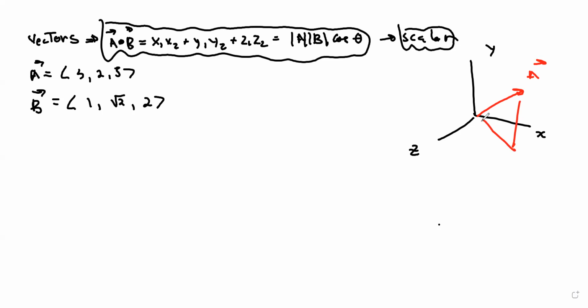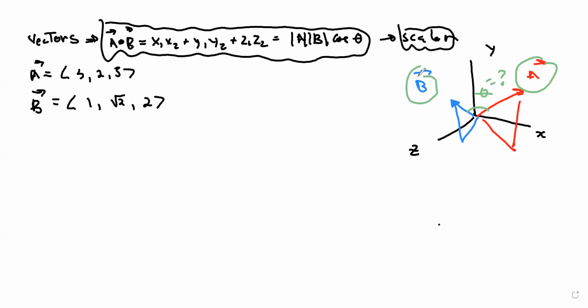And then we have another vector, B, in space too. You have an angle between these two, the angle theta. And we want to find the value of the angle theta between vectors A and B.